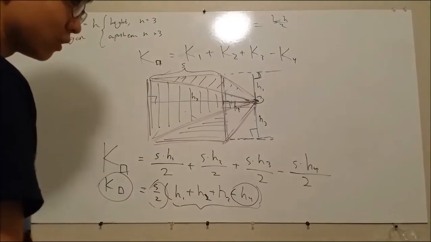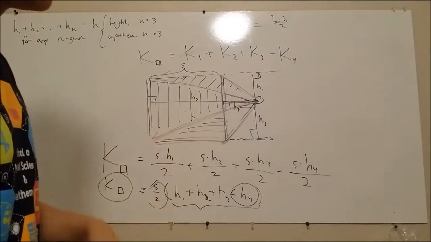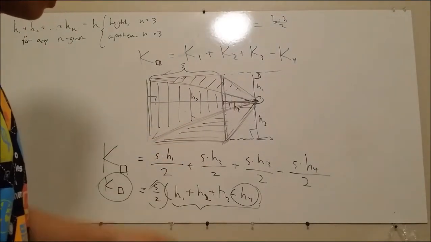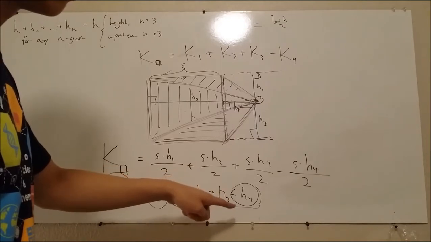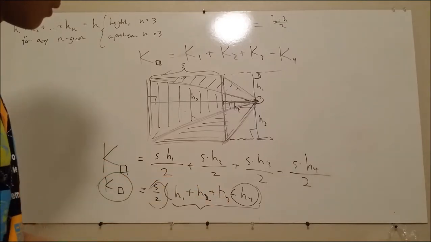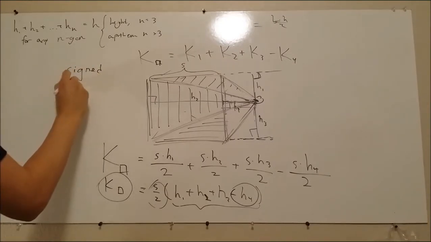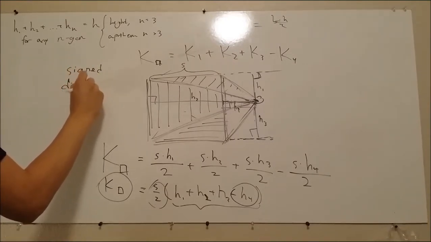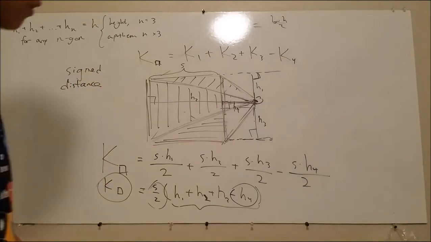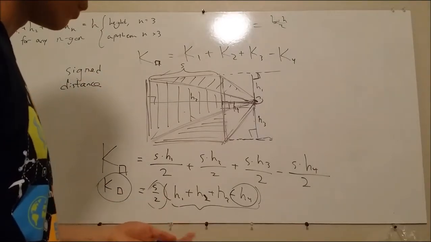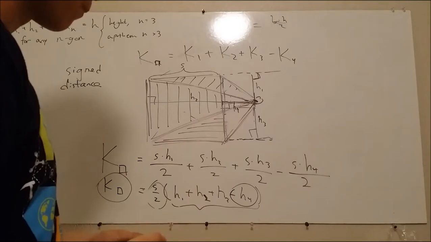Do you see what I'm saying? Basically, we redefine distance to include negatives, or what I'll call signed distance. Okay? Signed distance. Take note of that. Signed distance, where in the definition of the distance you can include negatives.